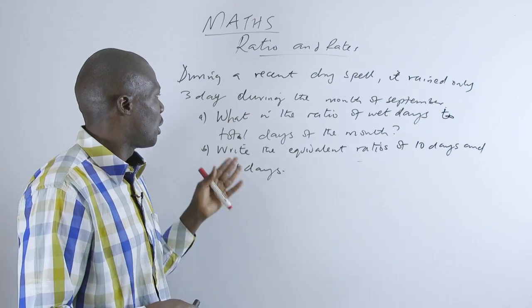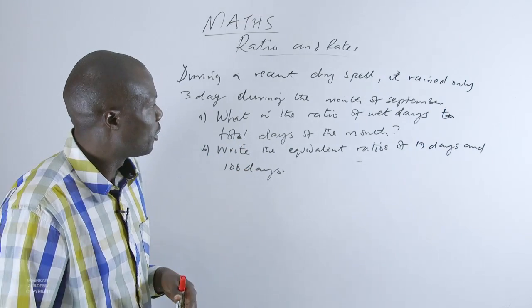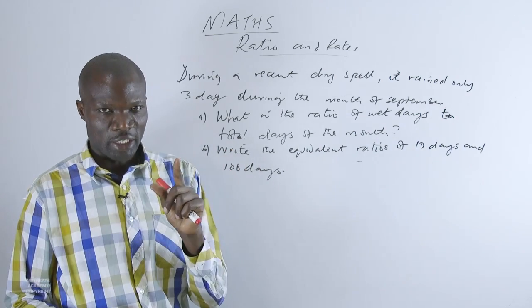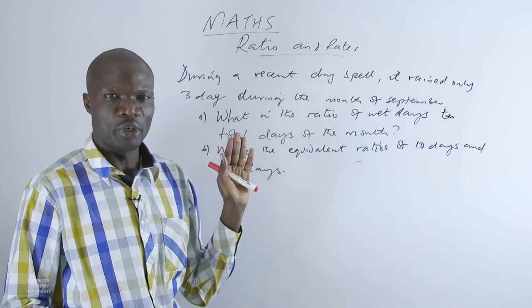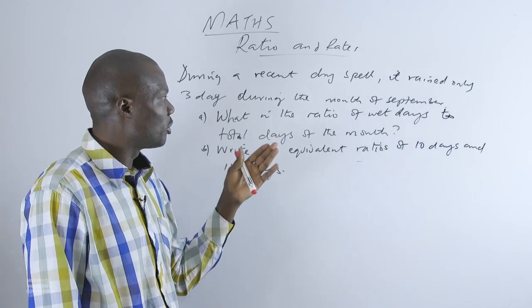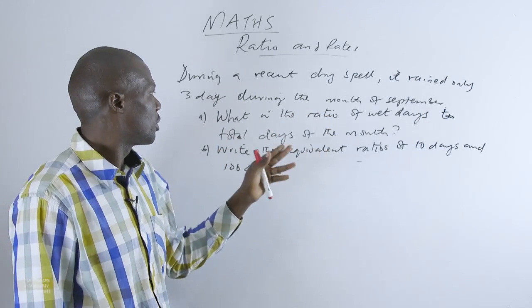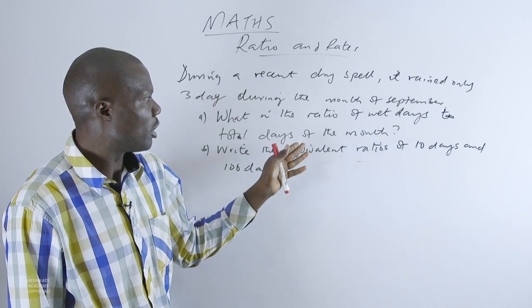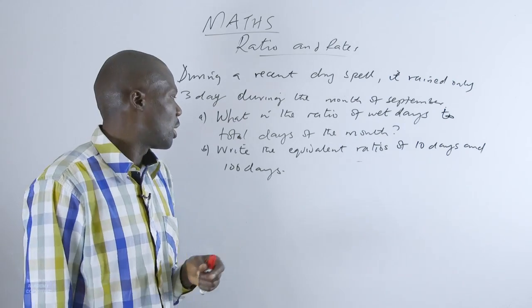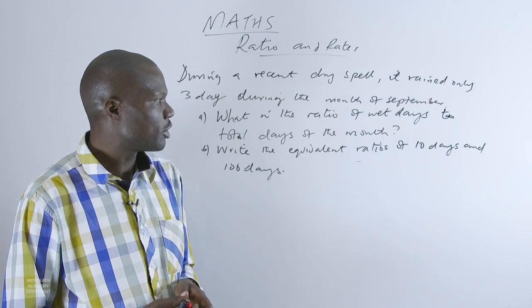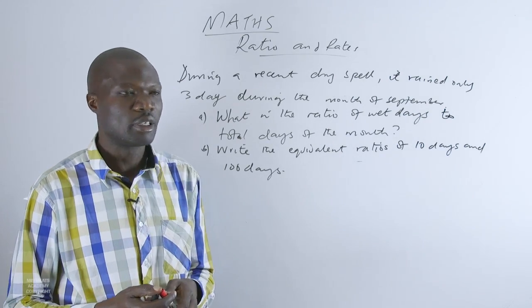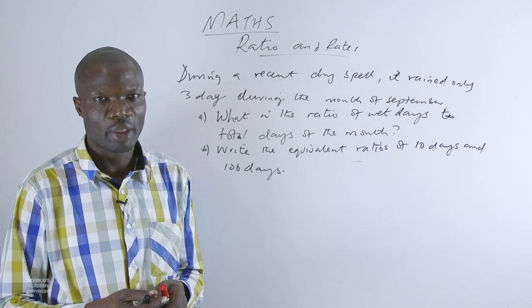Question 1: what is the ratio of wet days to total days of the month? And 2, write the equivalent ratios of 10 days and 100 days.